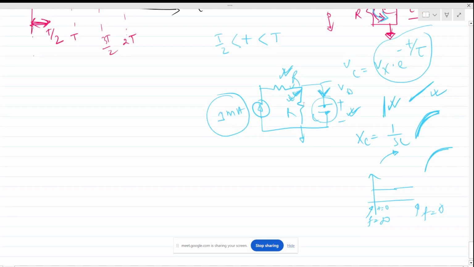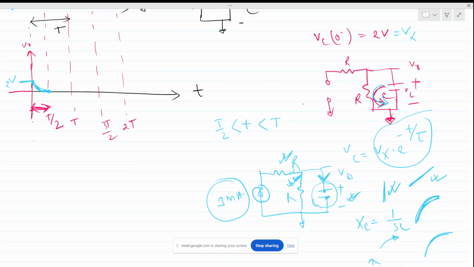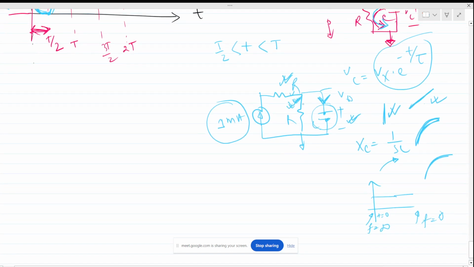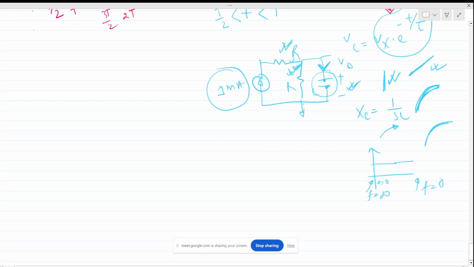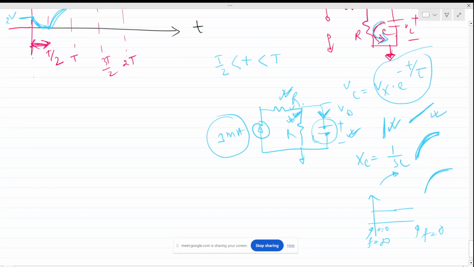Now the question is how much it will charge. Let's say this will charge exponentially. What will be this value? The charging will be very fast, right?